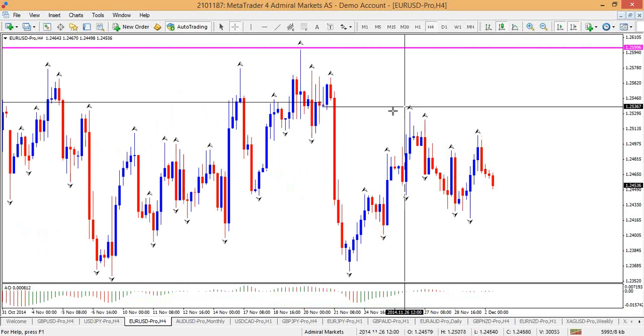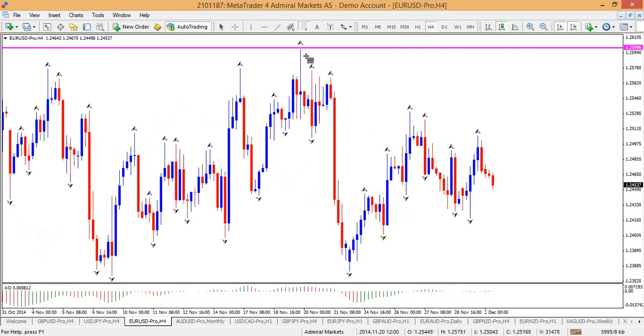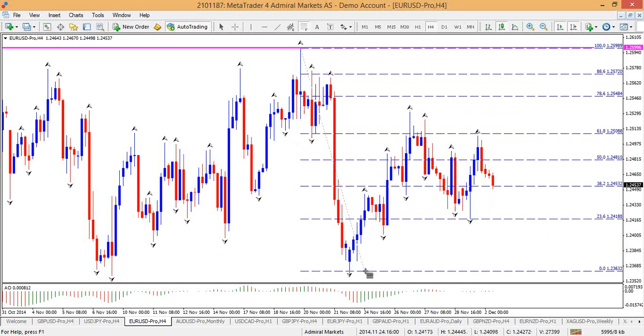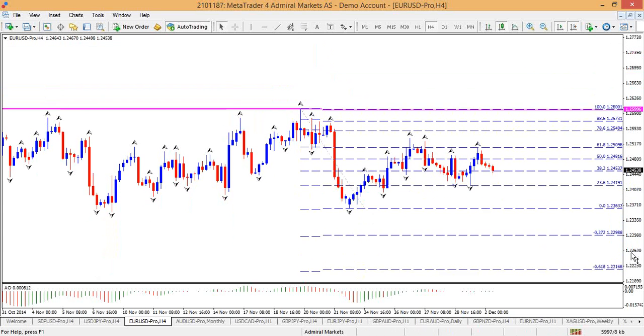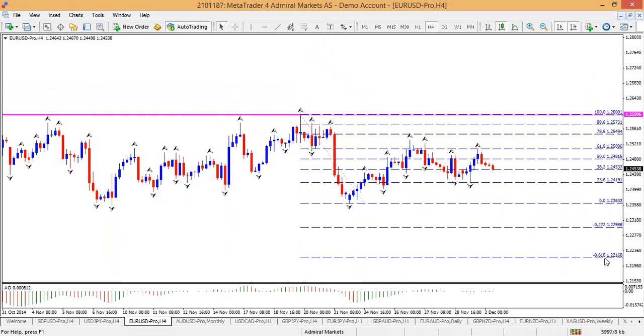So the target is nothing less, in fact, in my opinion, than 122, 122.50. One could even aim for 123, depending on how fast one wants to exit. So it's quite decent.